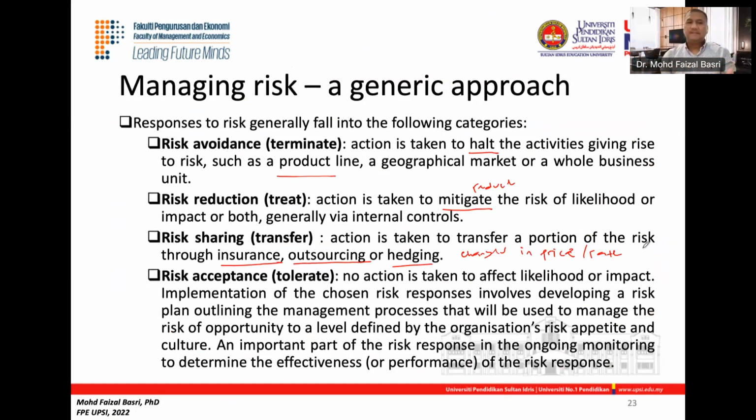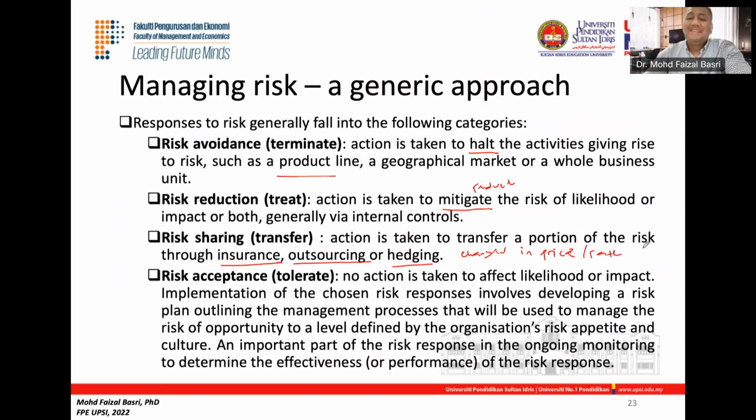Basically, hedging is a process for when you are expecting the price of your, I don't know, raw materials to go up in the future. In order to hedge against the potentially higher price, you do a contract whereby you set the price lower than your expected price in the future. So this hedging process will minimize the cost or the effect of price changes in the future.